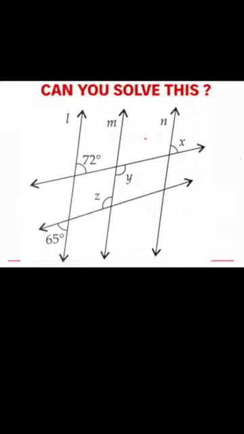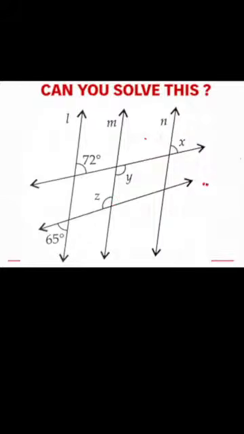Remember guys, these lines are parallel. This L, M, N are parallel. Don't assume that these two are parallel. They haven't mentioned anything about them being parallel to each other. Yes, L, M, N are parallel.